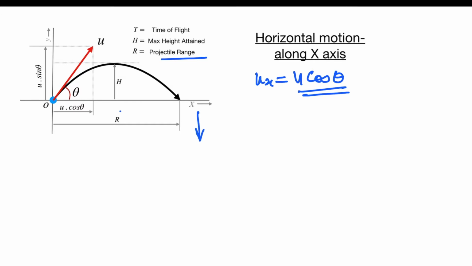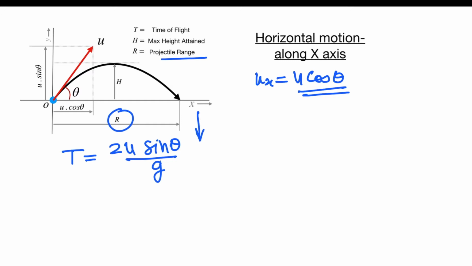So here the projectile range is the distance traveled by the object in horizontal direction during the time of flight, and the time of flight t is 2u sin theta by g, which we have calculated from the analysis of vertical motion.